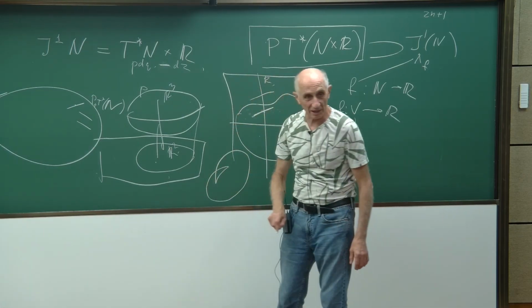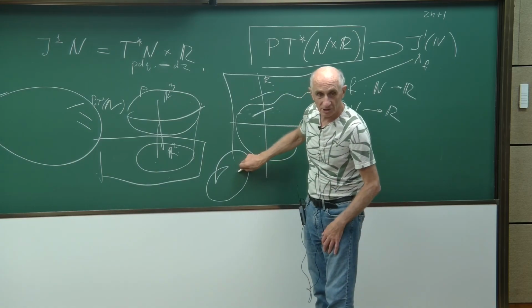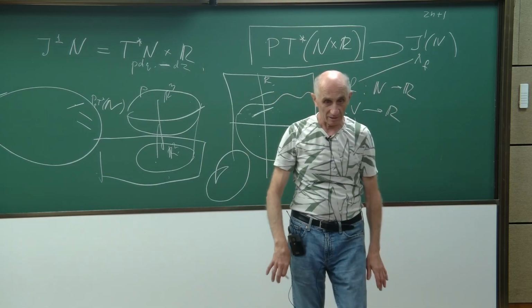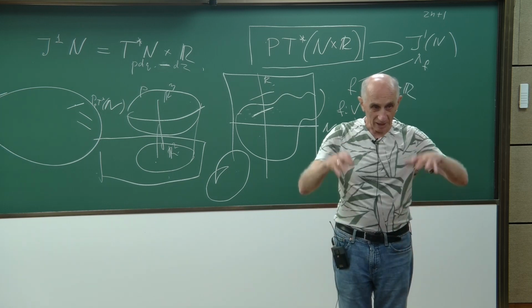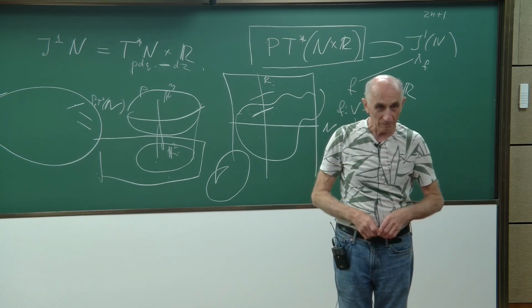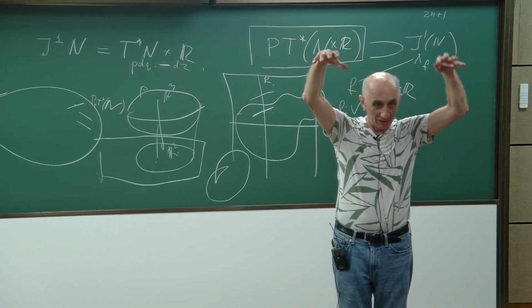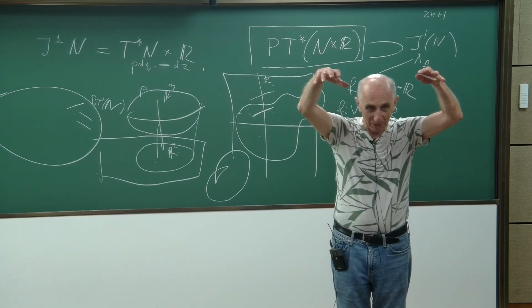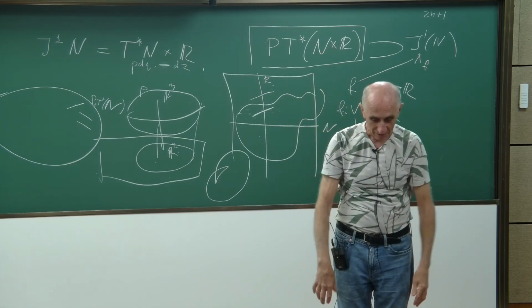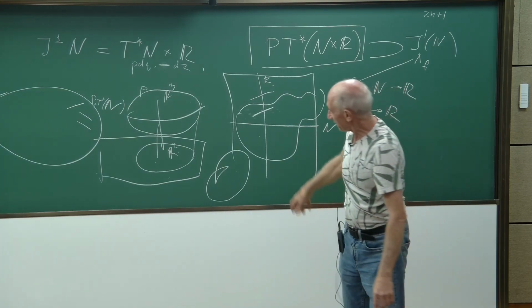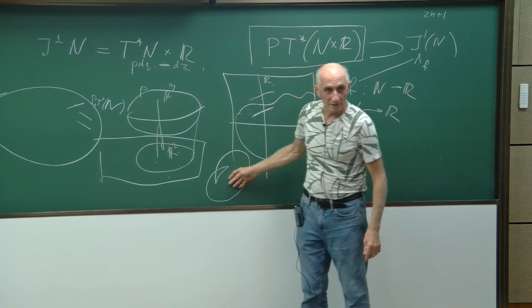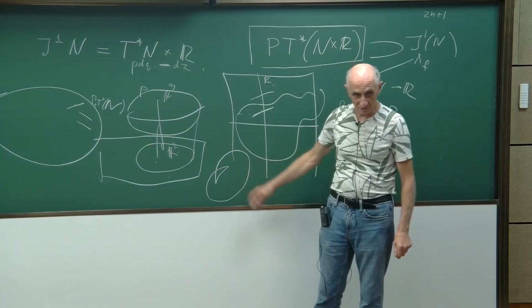You get some picture like this, and that will be the Legendrian which is projected there. So it's an interesting observation that singularities of projections of hypersurfaces to the manifold are actually similar to singularities of the Legendrians which we get.